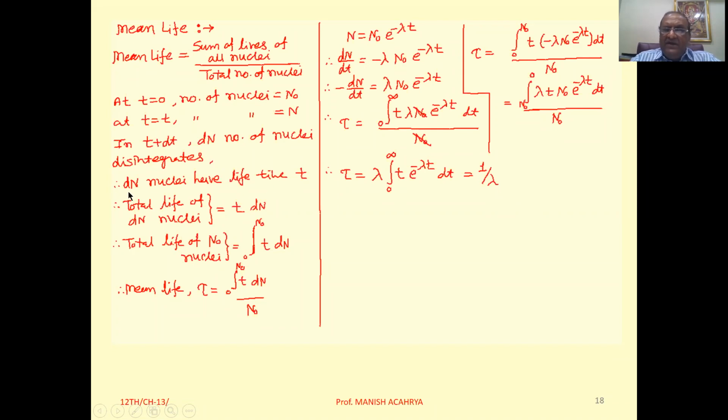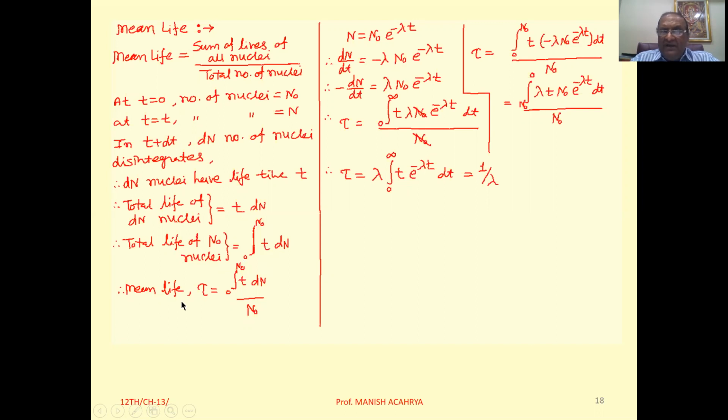Then dn nuclei have the lifetime t. That is the total life of dn nuclei, so that is t into dn. Now the total life of N0 nuclei, so integrate this equation from 0 to N0 of t dn.